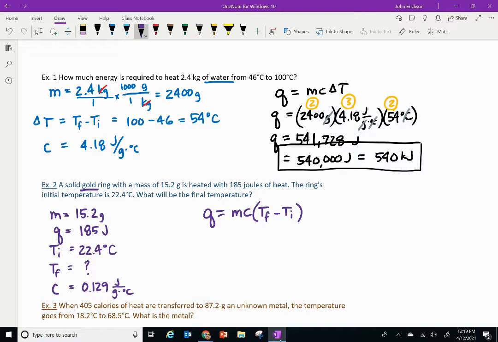And let's plug in some numbers, 185 joules for Q, 15.2 grams for M. For C, we're using 0.129 joules per gram degree Celsius. For T initial, well, T final is what we're solving, and T initial is 22.4.